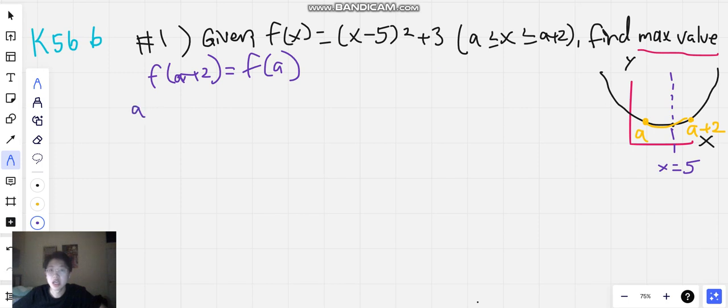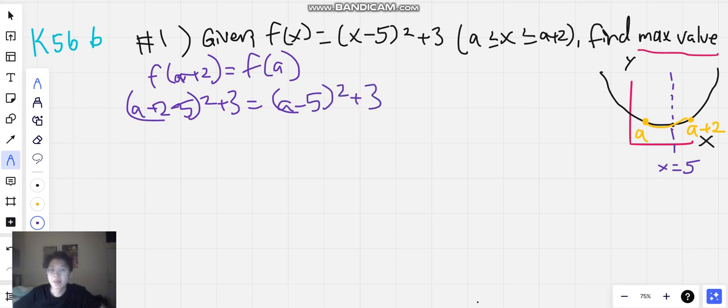I would get (a plus 2 minus 5) squared plus 3 is equal to, plugging in a for x here, (a minus 5) squared plus 3. If I simplify, this would be (a minus 3) squared plus 3 is equal to a squared minus 10a plus 25 plus 3.